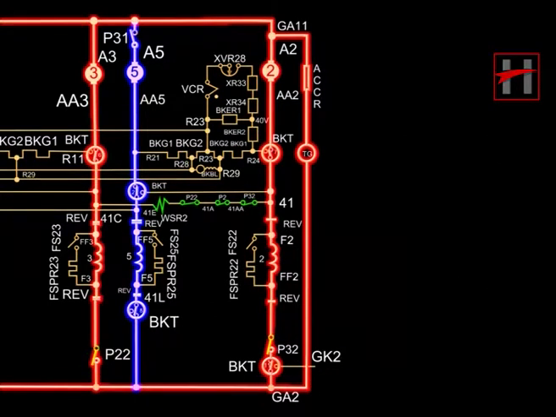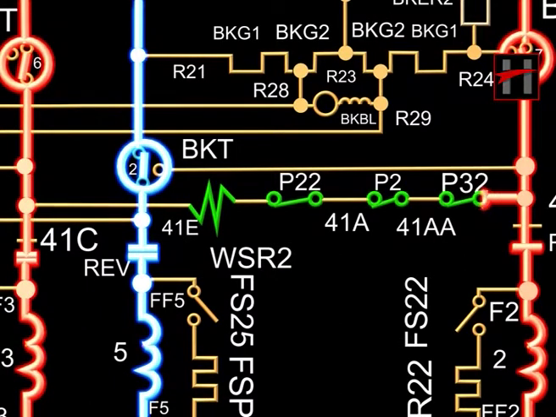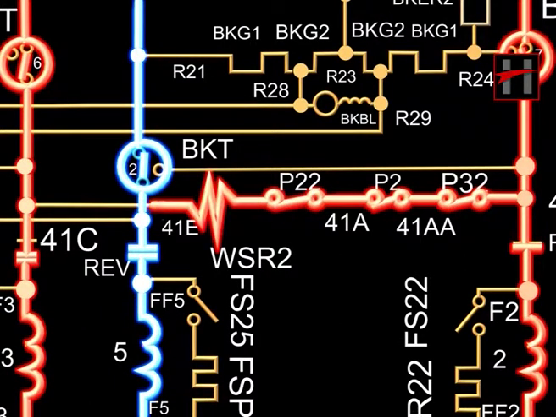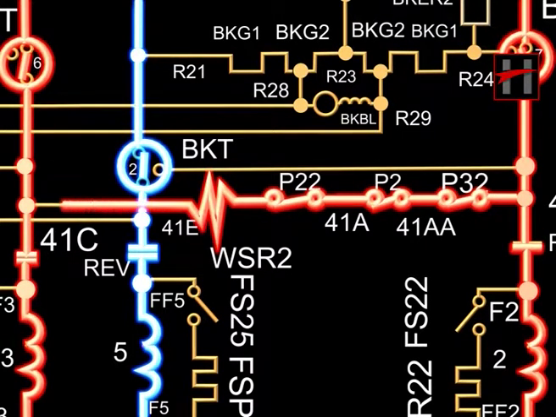The current flows through power contactor P22 via the reverser contact. Wheel slip protection is provided by WSR2, which is connected across the traction motors 2 and 3 through the interlocks of parallel power contactors.